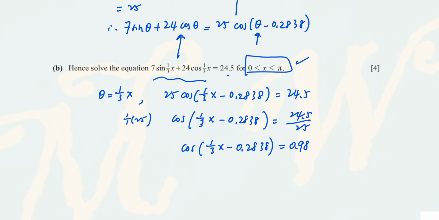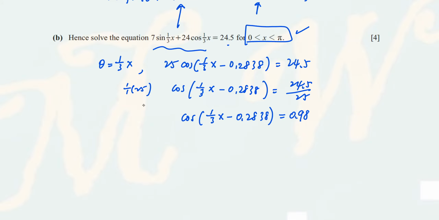Now, we need to form the new interval because you are given x between 0 and pi. Now, I need to find out 1 over 3x minus 0.2838. So first of all, I get the interval for 1 over 3x. So you times 1 over 3 to the left and right side. That will be pi over 3 for the right side.